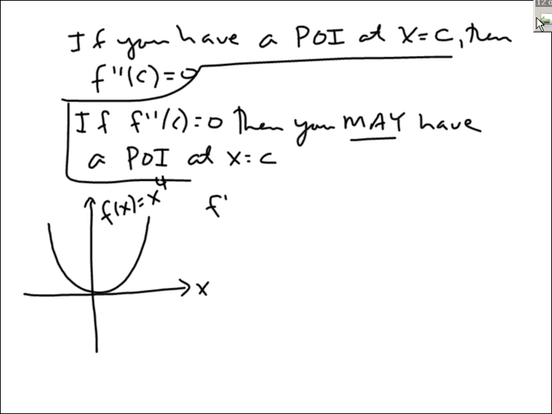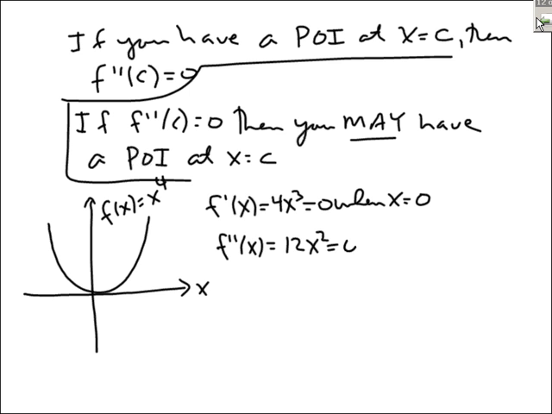Now, the first derivative is 4x cubed, and it equals 0 when x is 0. F double prime of x equals 12x squared, and this equals 0 when x is 0.